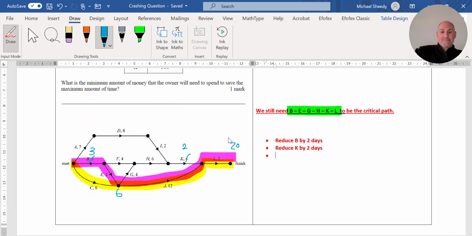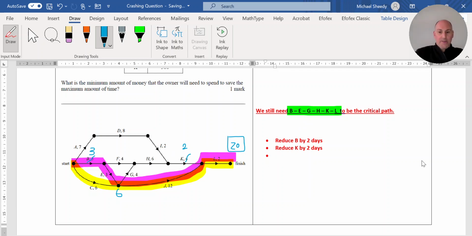And so we need to fix that problem. Okay, we need to fix that problem. So by reducing K by 2 days, it does 2 things. It does make sure we've got B, E, G, H, K, L down to 20, but it's not the critical path, unfortunately, because it's longer.